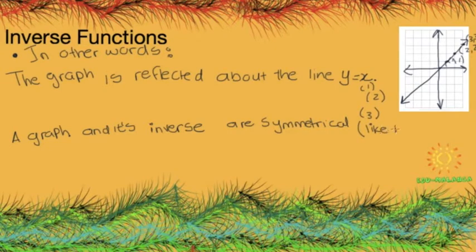Every single x value became the y value, and every single y value became the x value in its inverse. So they are symmetrical, a mirrored version of the original graph, about the line y is equal to x.